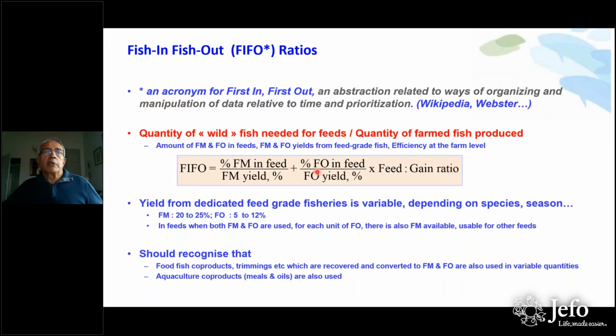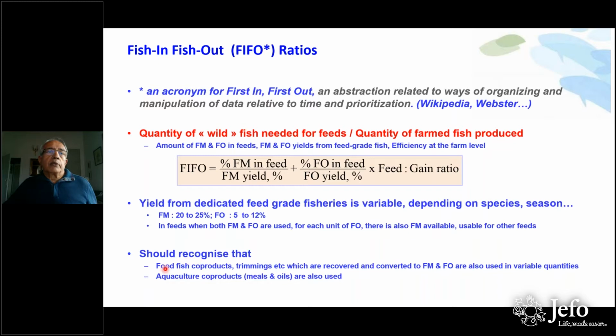If you take this yield, it can range from 20 to 25% of fish meal. For 1 ton of fish, you may be getting about 20 to 25% of fish meal and 5 to 12% fish oil, depending on the season and the species. In feeds, when both fish meal and fish oil are used, for each unit of fish oil, there is also some fish meal available, useful for other feeds.